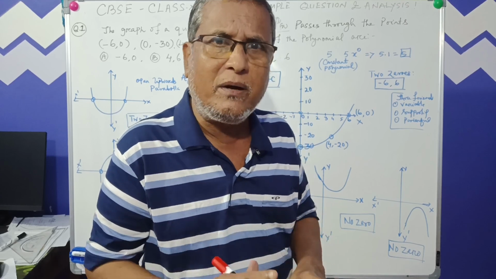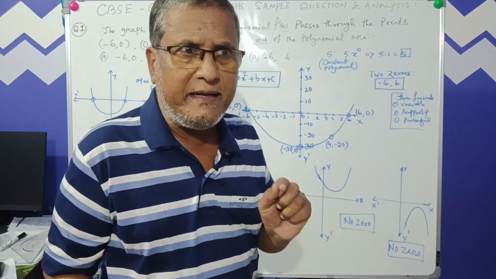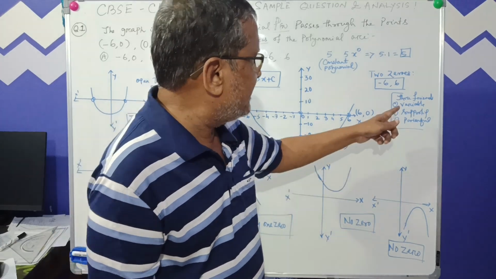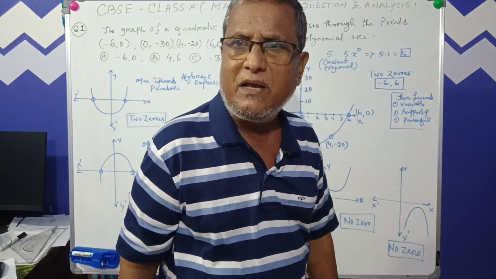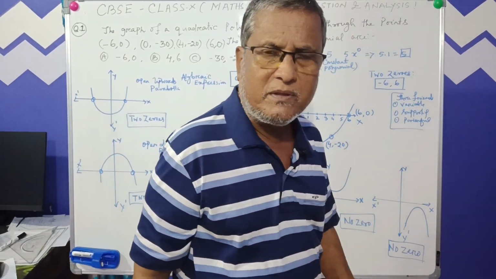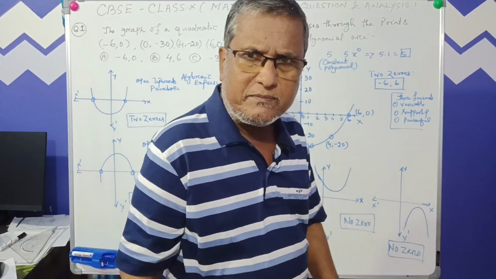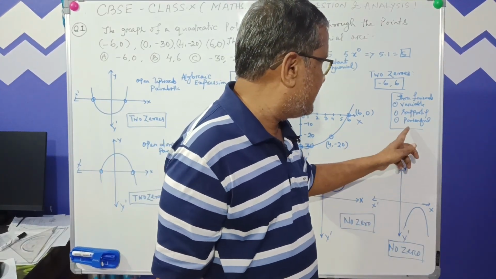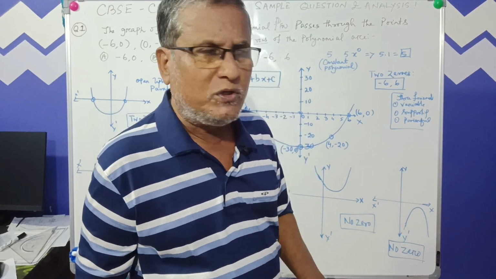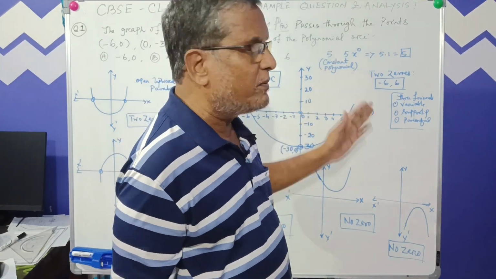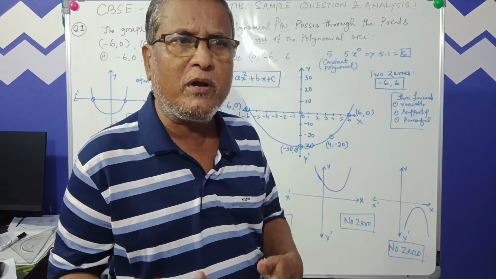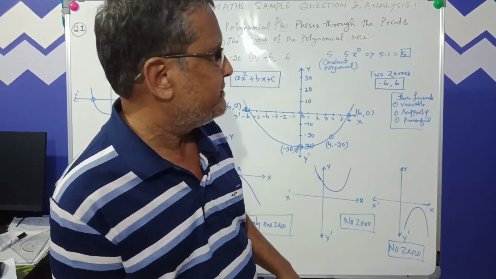If it is one term, it is called a monomial. And in case of one term, it has three friends: one is the variable, another is the supporting friend, and another is the powerful friend. We have taken an example, a constant, for your understanding, which we have already discussed in our previous videos.